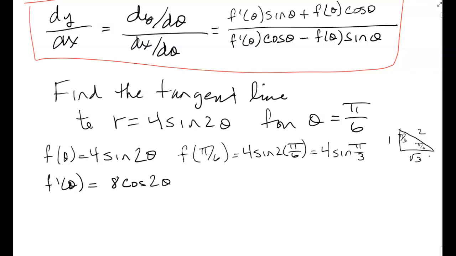Sine of pi over 3 is 1/2. So 4 times a half is 2.